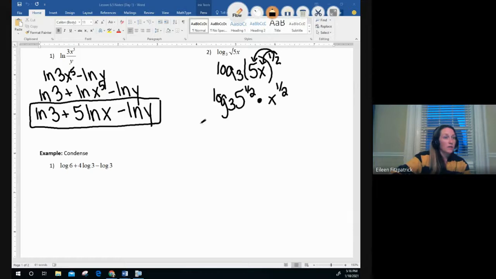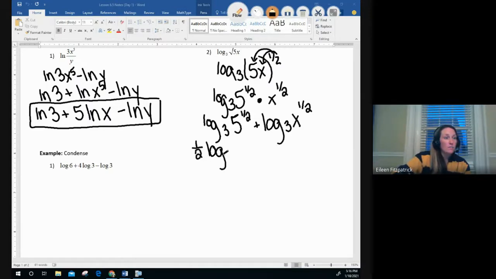I know that multiplication pairs with addition. So I'm going to have log base 3 of 5 to the 1/2 plus log base 3 of x to the 1/2. Then I would take care of the exponents, the powers. They get written out front. That is your power property. So I have 1/2 log base 3 of 5 plus 1/2 log base 3 of x.